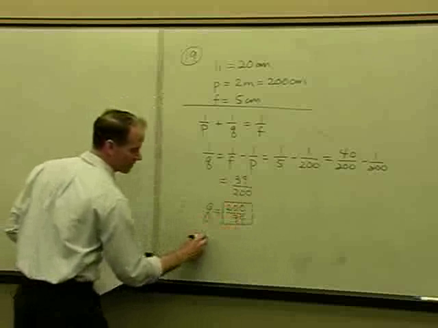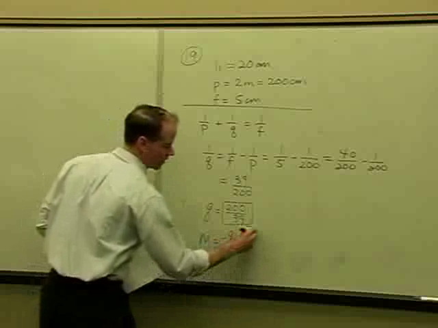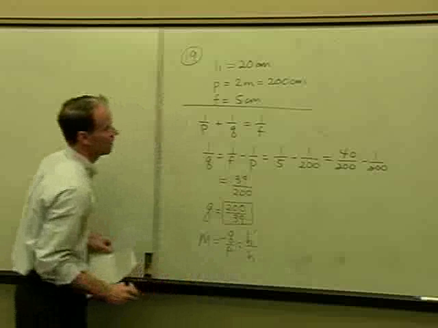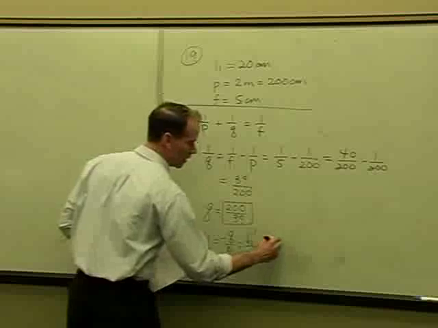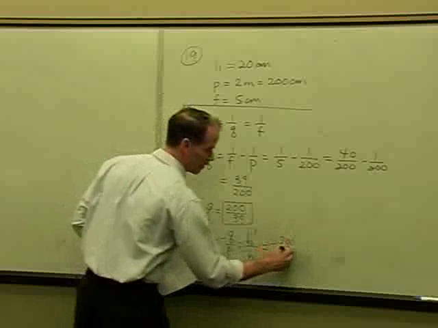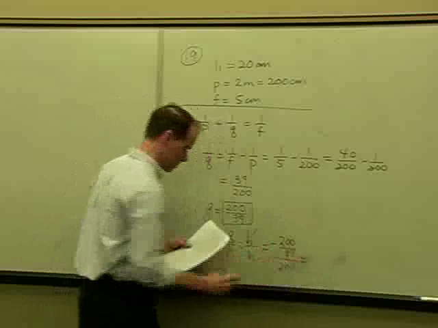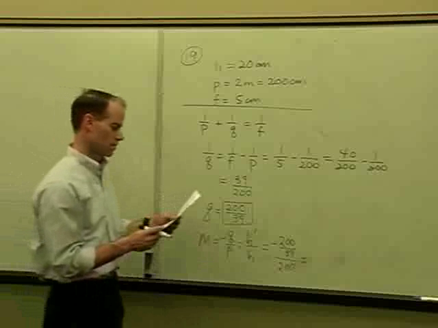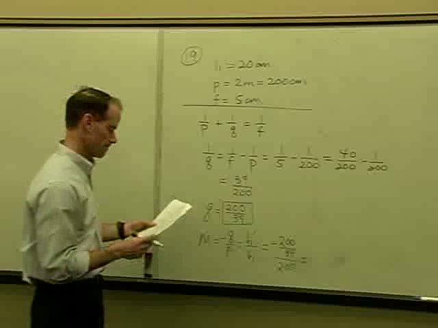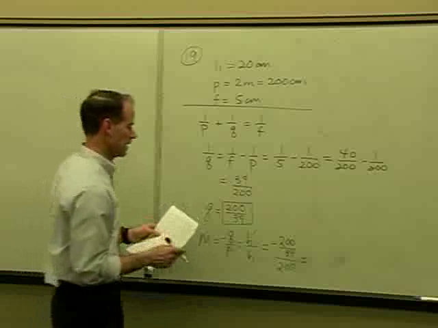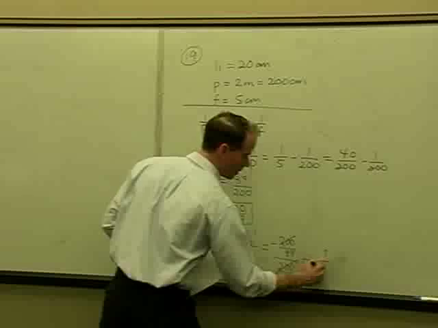We know the magnification is equal to negative Q over P, but it's also equal to the image height over the object height. So that's going to equal a negative 200 over 39 over P, which is 200. And so this will equal negative 1 over 39.